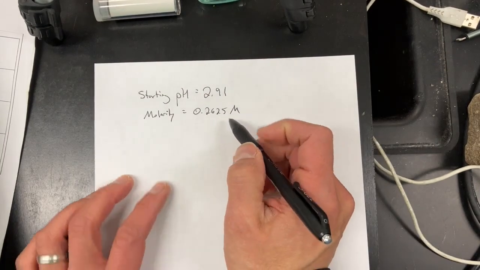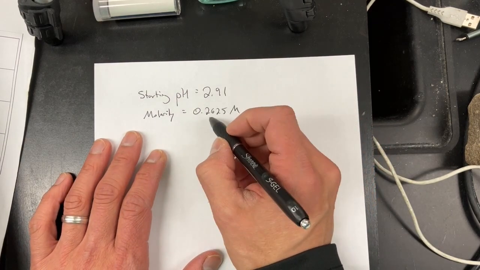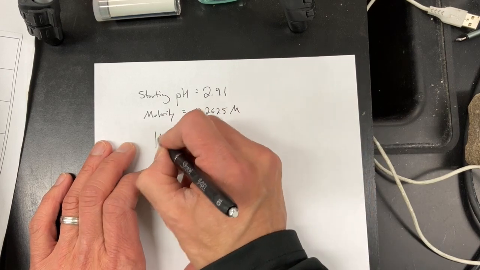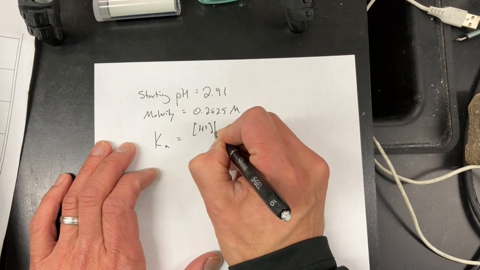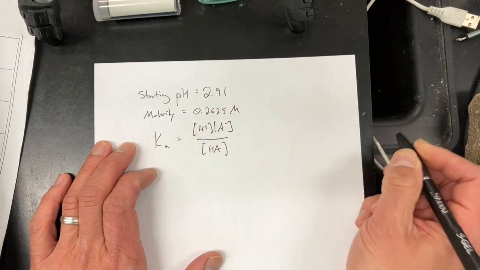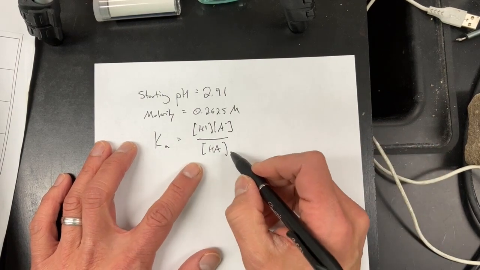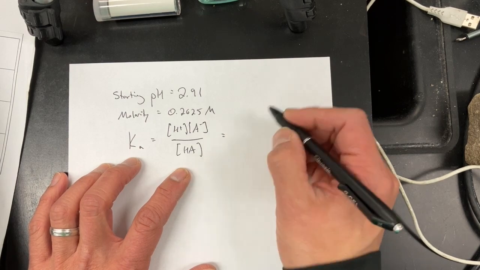And so if I want to figure out the Ka, remember Ka is H plus times A negative all over HA.